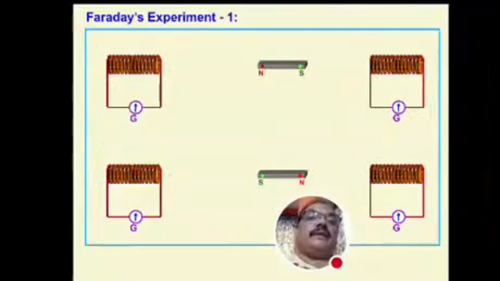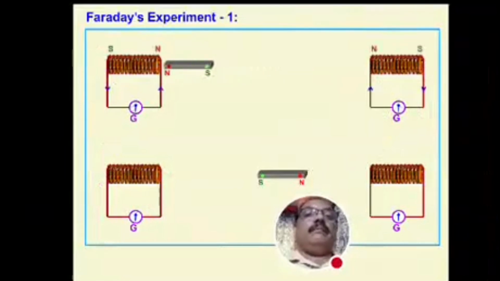One on the left side is connected with a sensitive galvanometer, and on the right side is an identical coil, again connected with a sensitive galvanometer. In the middle there is a strong bar magnet.